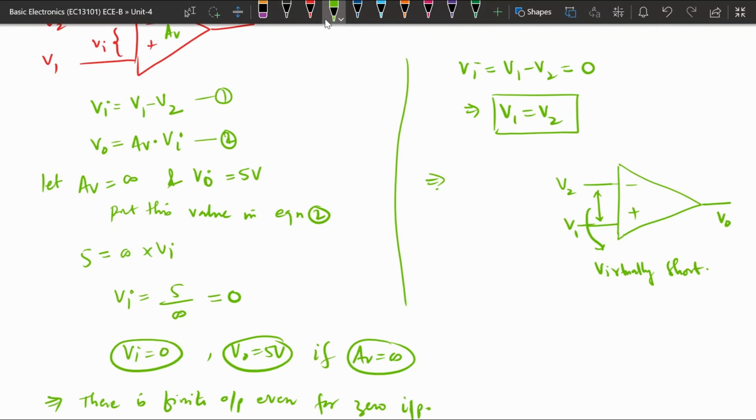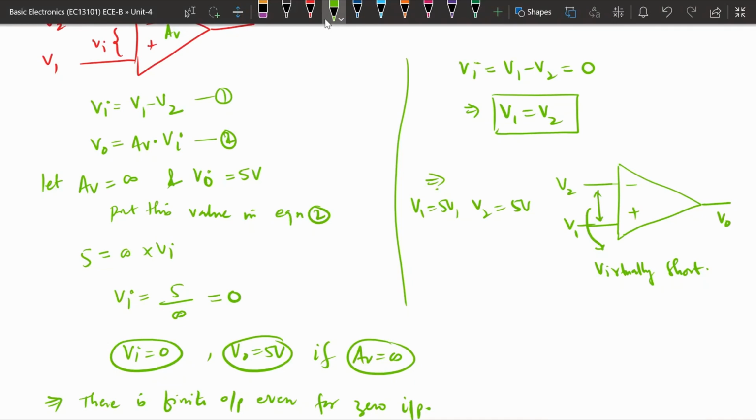or we can just say, even if V1 is equal to 5 volt and V2 is also equal to 5 volt, at that time both the inputs are equal.